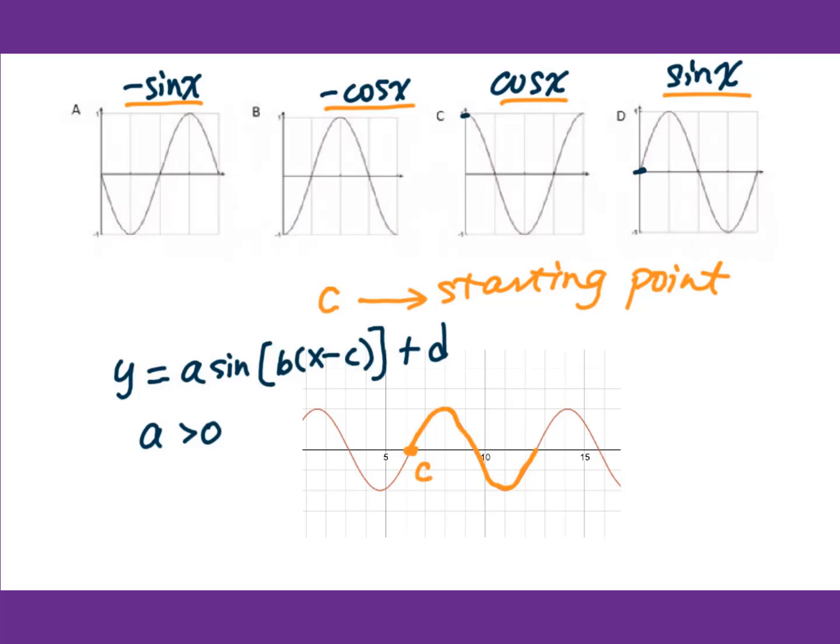But if you do the cosine pattern, still A greater than 0, you have to draw the pattern like this. You get started from the maximum value. Therefore, I could draw this one.